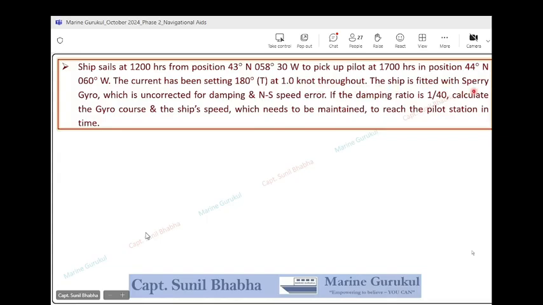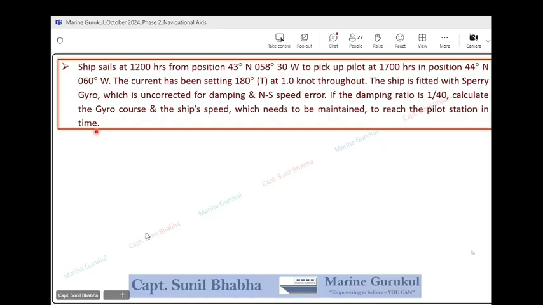The ship is fitted with a Sperry gyro, which is uncorrected for damping and north-south speed error. If the damping ratio is 1/40, calculate the gyro course and the ship's speed which needs to be maintained to reach the pilot station in time?